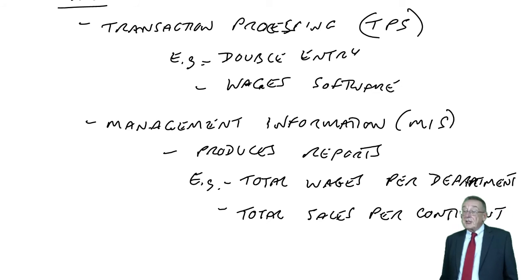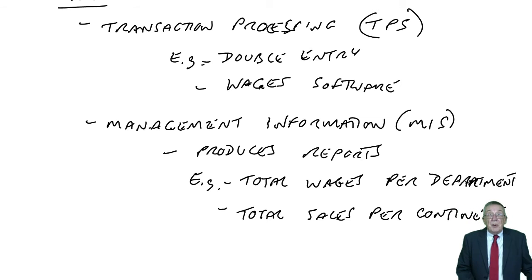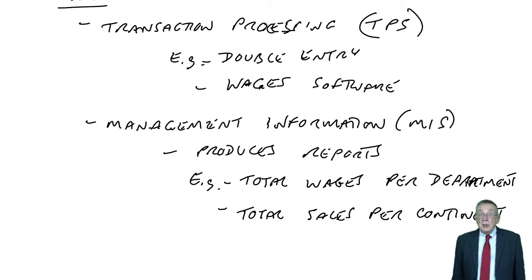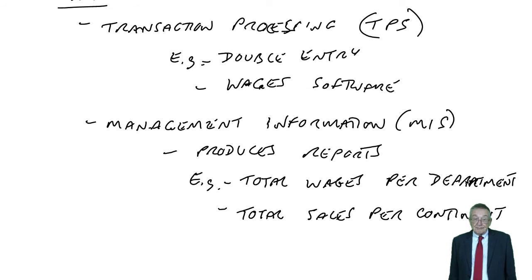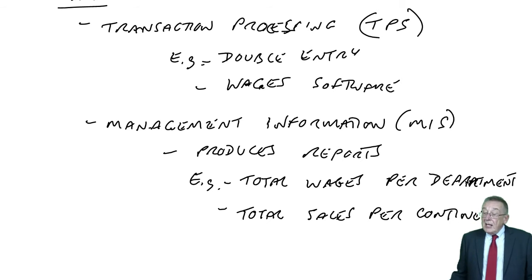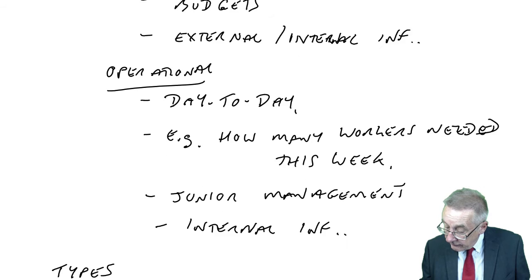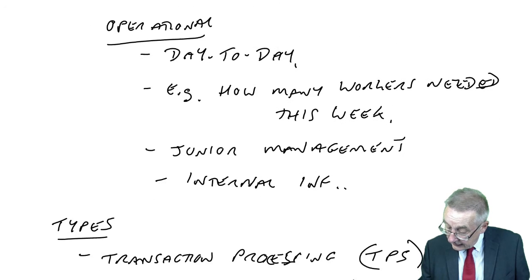Well, again, there's no set reports. We decide what reports we need. But the MIS will then regularly, perhaps monthly, produce these reports. Now that's fine as far as what you might call the day-to-day running of the business is concerned.